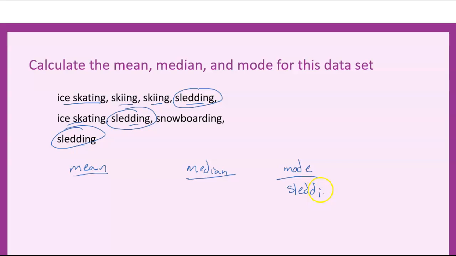What about the mean? How do we calculate the mean? How do we do a sum over a count here? Well, I could count them, 1, 2, 3, 4, 5, 6, 7, 8. So our count is 8. But how would I do a sum of these values? How would I sum ice skating and skiing and sledding? How would I add those together?